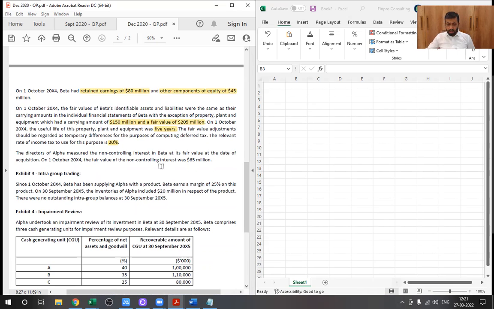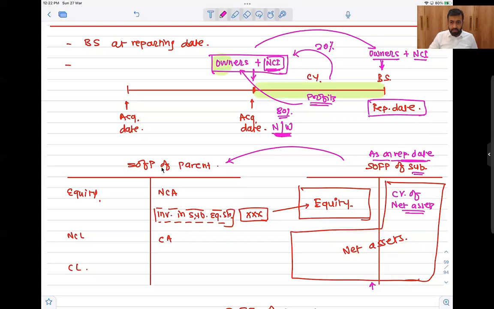So now you tell me one thing. When I was talking about our discussion on this, it has to be fair value, etc. Correct? As on the date of acquisition, it has to be fair value.